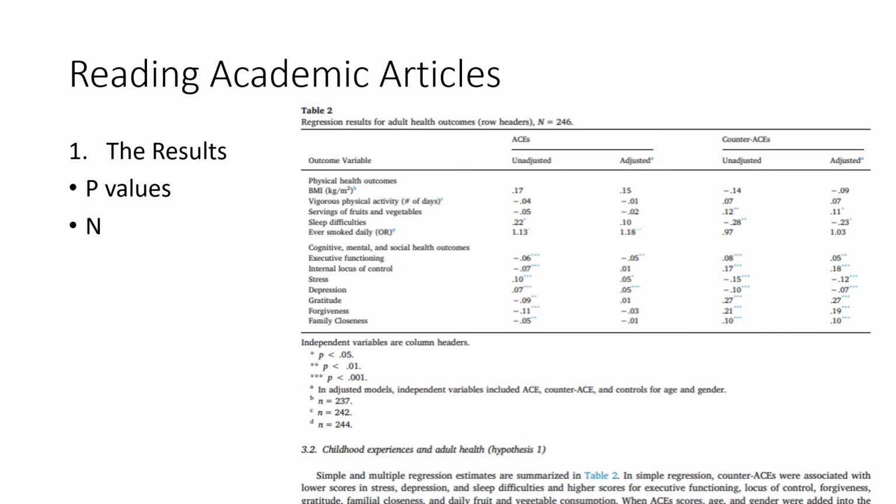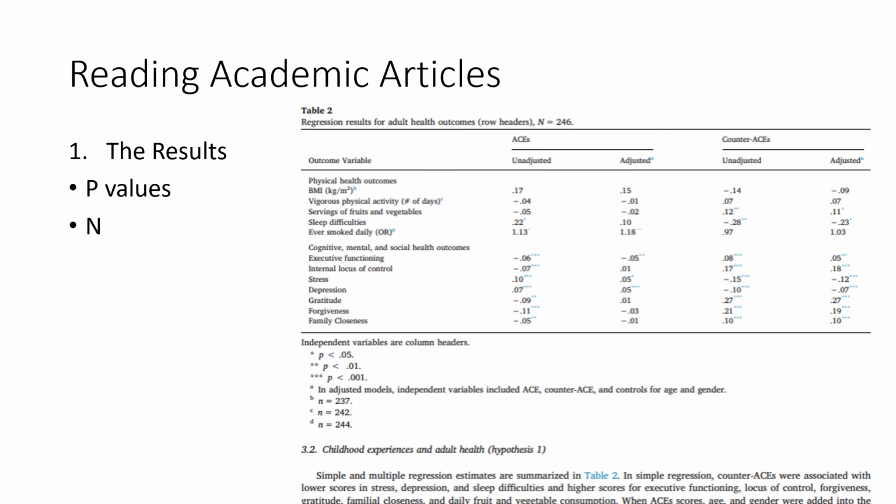If you see a number on a table without an asterisk, that means that there is more than a 5% chance that that relationship is attributable to just some random error and probably doesn't actually exist. But you see on this table, there's lots of numbers without asterisks on them, which just means that there's no relationship there.